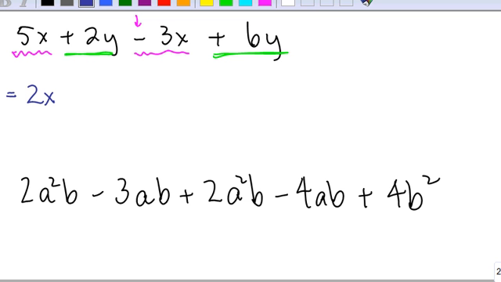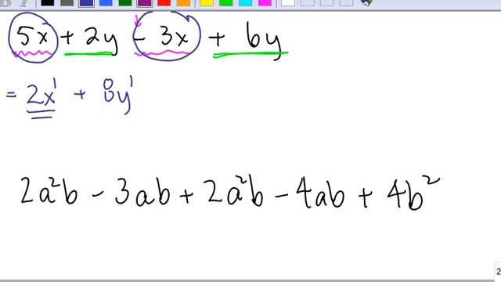And 2y plus 6y is 8y. So do a little bit of color to help yourselves, and notice that when I add and subtract, the power doesn't change. The power is still the same. This is a little bit like adding 5 apples and subtracting 3 apples. You end up with 2 apples. That's kind of how you can think of it.